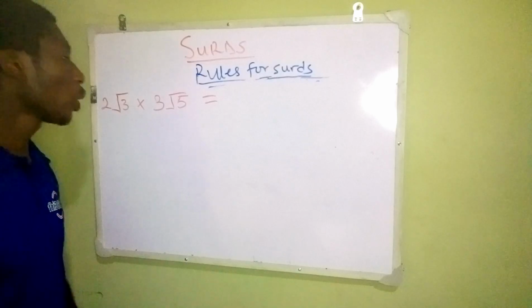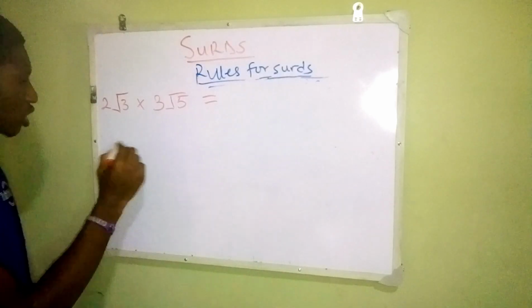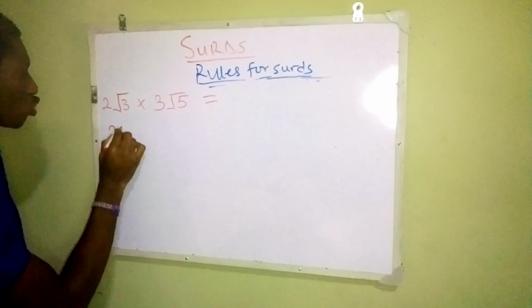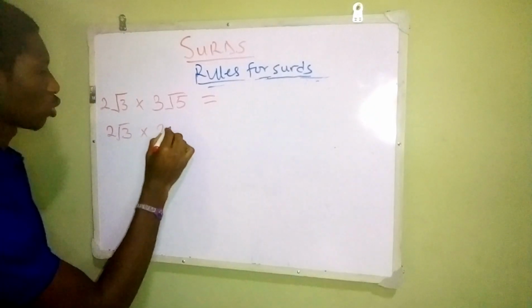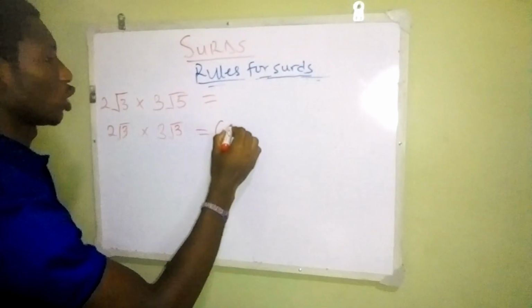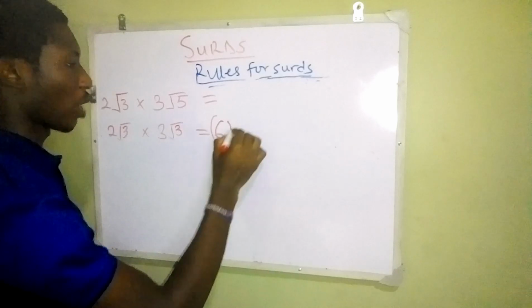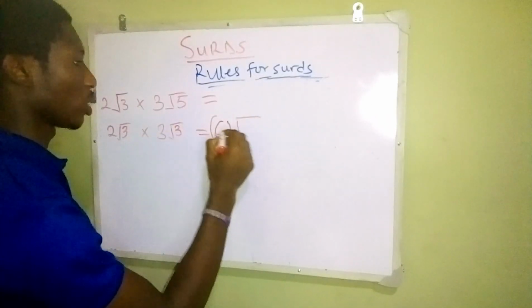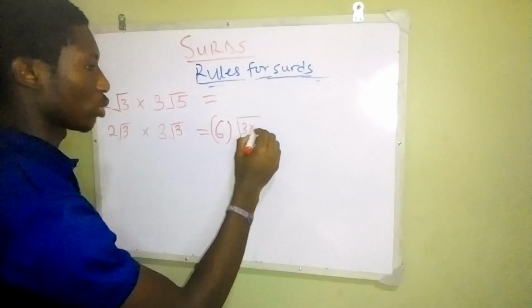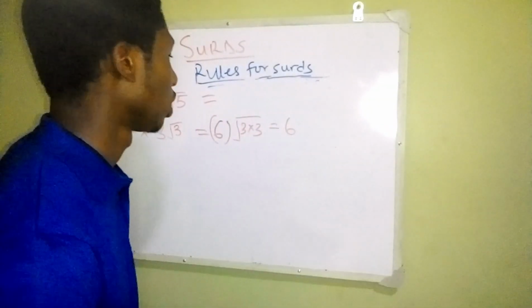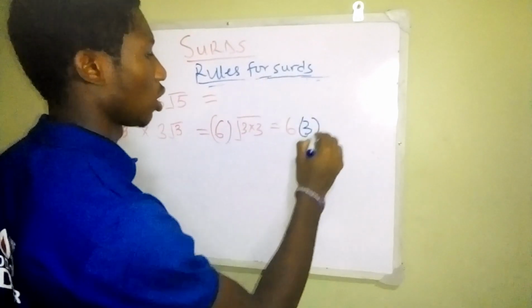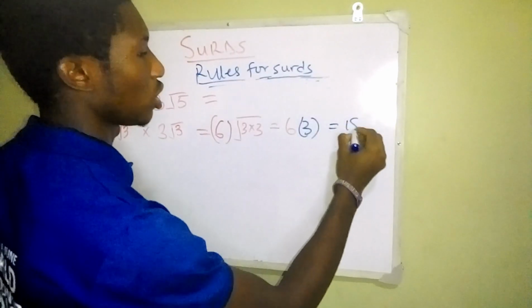Now, in a situation where they are the same, for example, if I have 2 square root of 3 multiplying 3 square root of 3, what I'll have is 2 times 3, which is 6. It will now be, in brackets, square root of 3 times 3, which is 9, obviously, and we have 6 times square root of 9. Square root of 9 is 3, and 6 times 3 is 18.